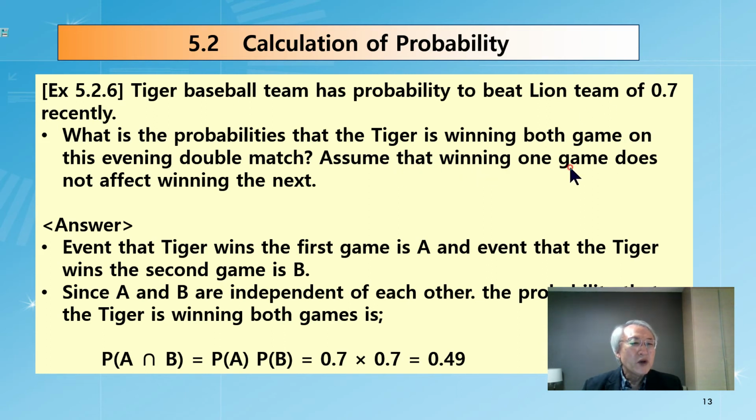Assume that winning 1 game does not affect winning the other. Therefore, for winning 2 games, the first one is A, the second one denoted B, it is nothing but multiplication. So we apply the multiplication rule when 2 events are independent.